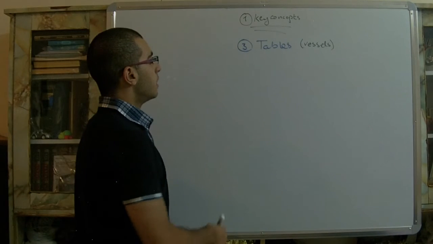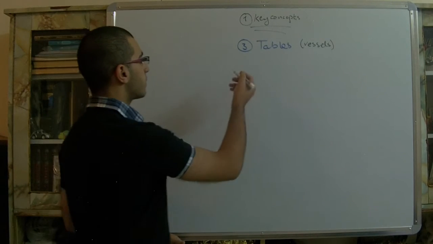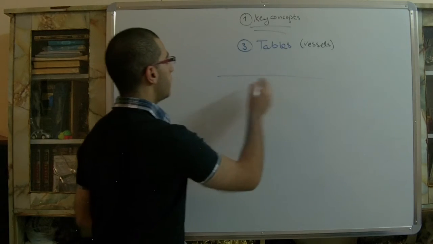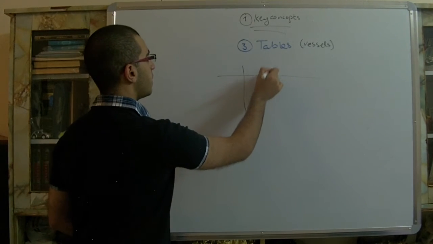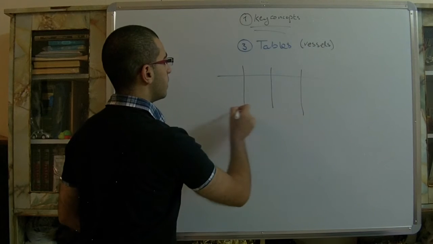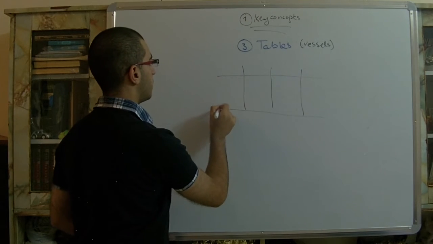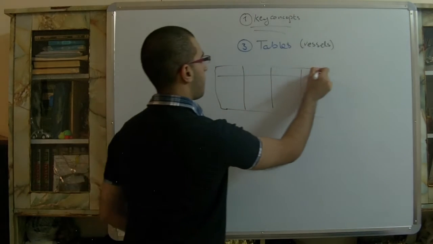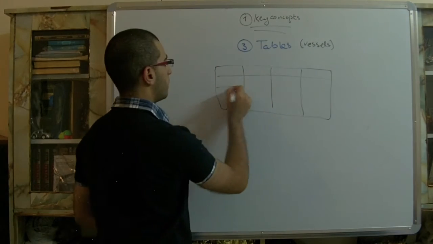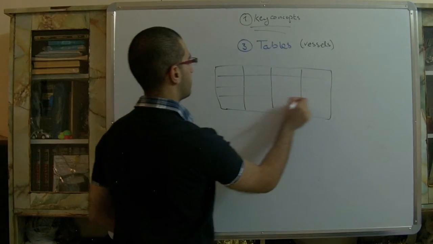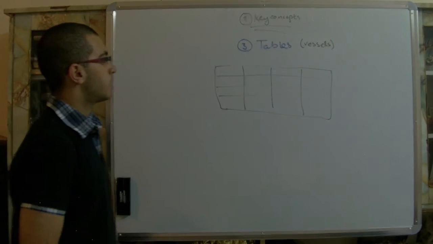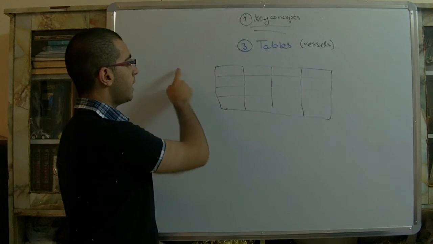In the databases, tables, as we know, consist of columns and rows.